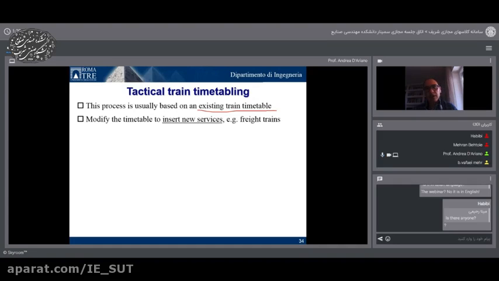Okay. Other examples of tactical train timetabling, where you might have more flexibility. Sometimes you might not really have a timetable. Sometimes, for example, when I was collaborating with the Dutch Railways, they had an existing timetable, but this existing timetable at the tactical level was not conflict-free.